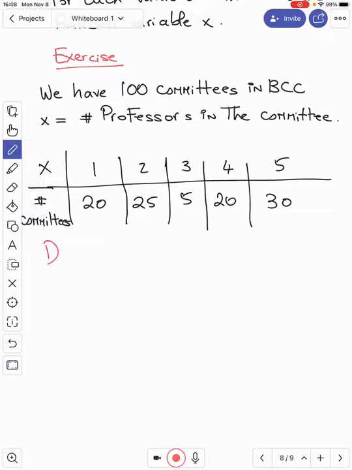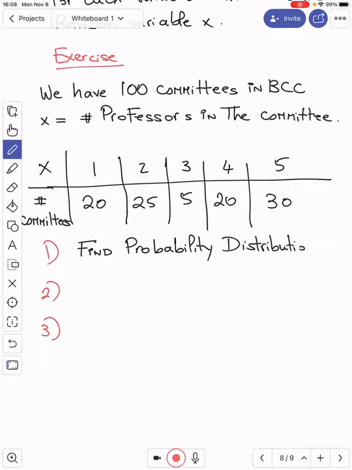Anyway, we need to find the probability distribution, and then we need to graph the probability distribution, and then there's a question about the probability.